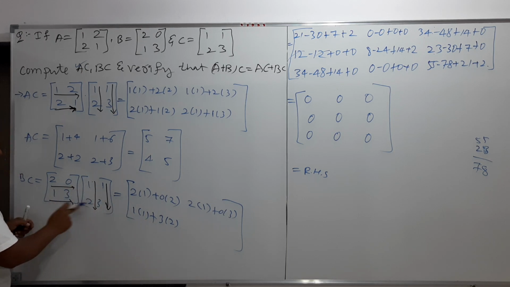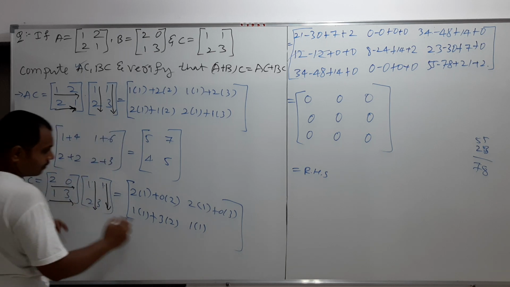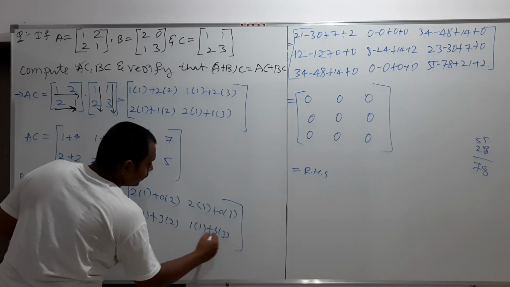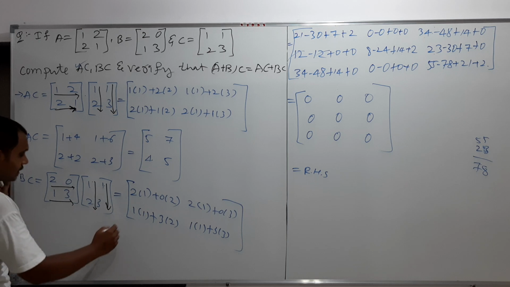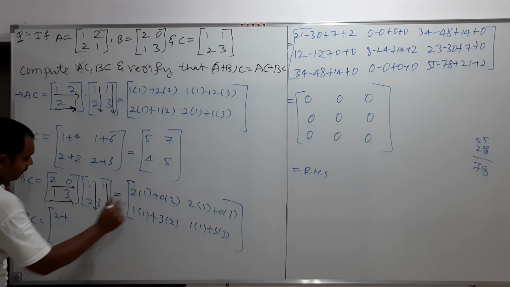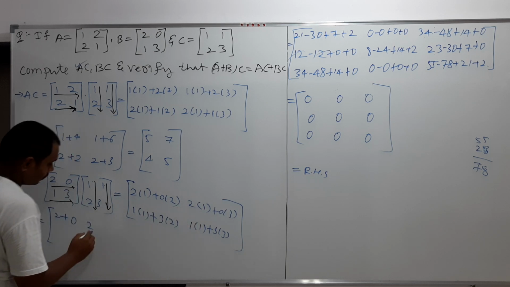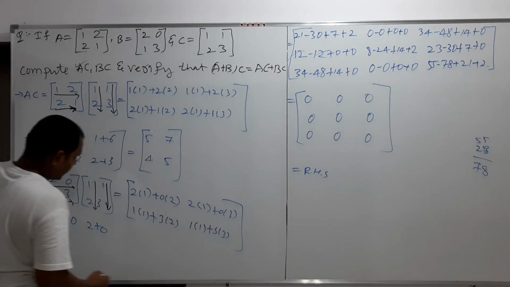Second row, second column: 1 into 1 plus 3 into 3. Further simplify this, my dear students. BC is equals to 2 into 1 is 2 plus 0 into 2 is 0. Next, 2 into 1 is 2 plus 0 into 3 is 0.